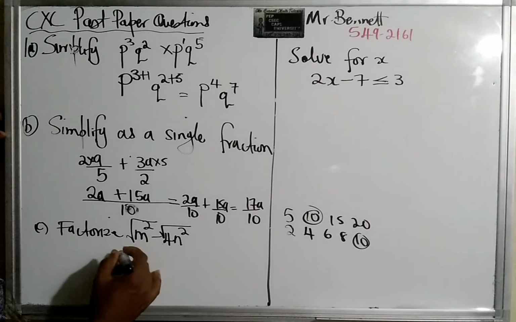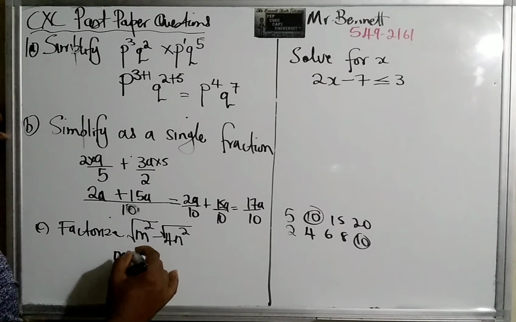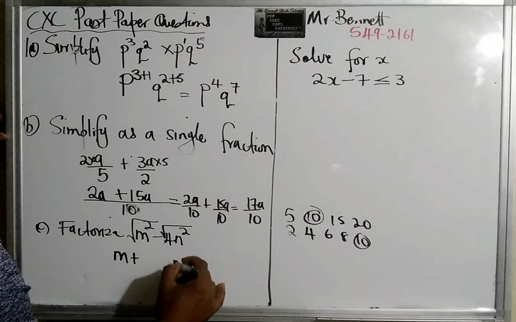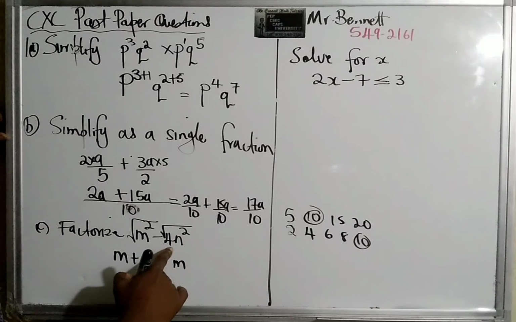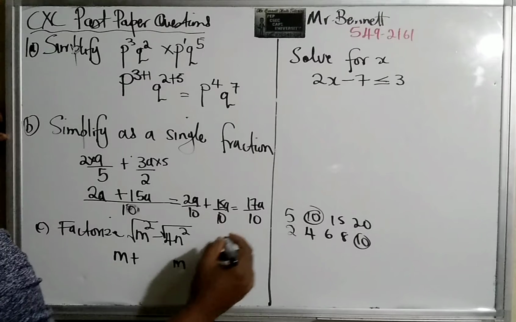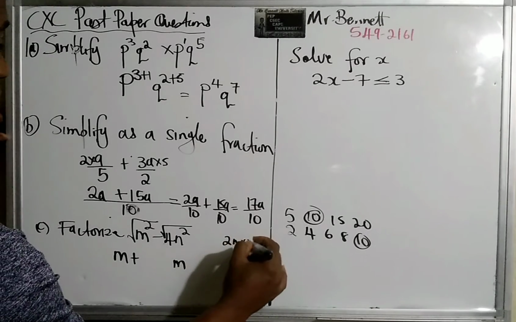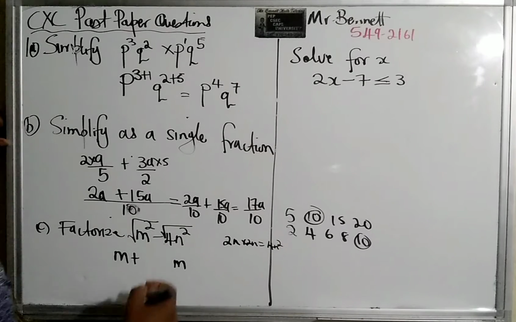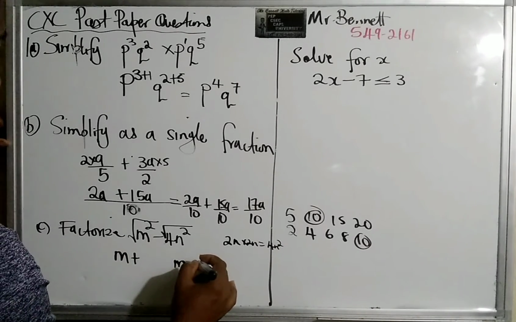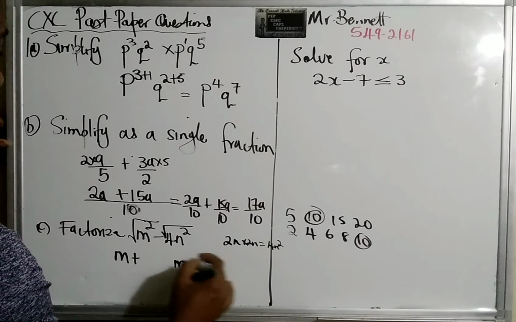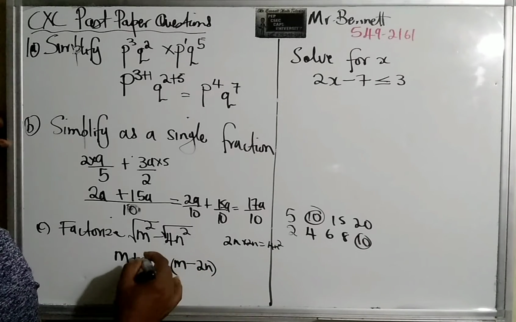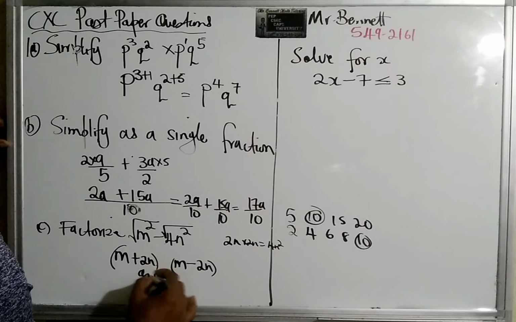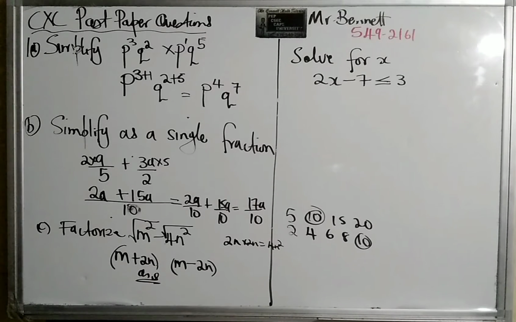So this would be m plus 2n, because 2n times 2n gives us 4n squared. Remember we add the powers, so m minus 2n and m plus 2n. If you are familiar with the channel, you will see this is very simple.